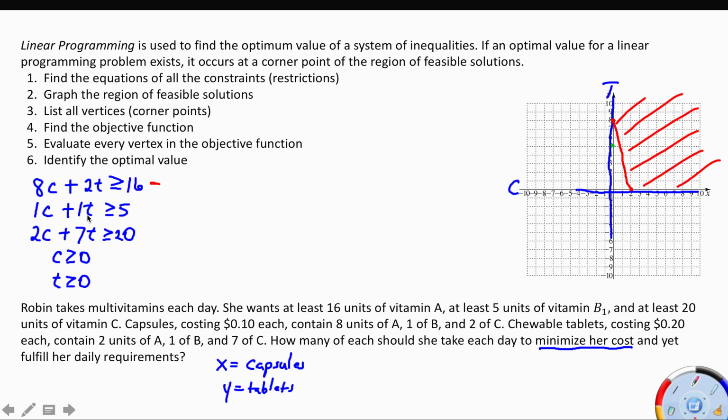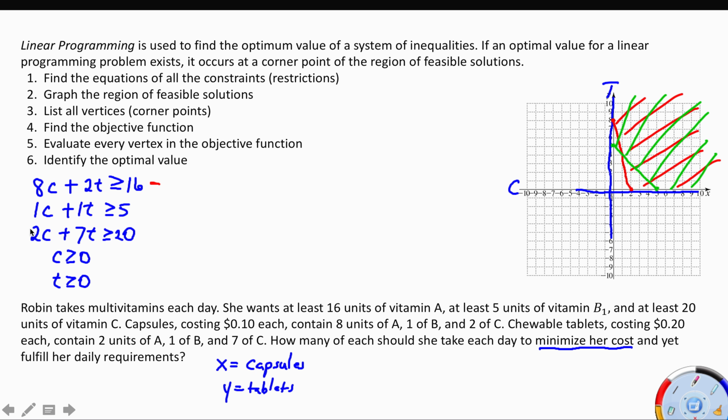If T is 0, C has to be 5. And if I plug in 0, 0 as a test point, is 0 bigger than 5? No. So I'm shading this side.